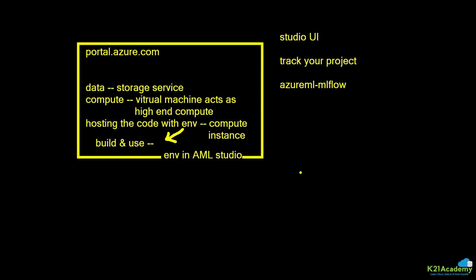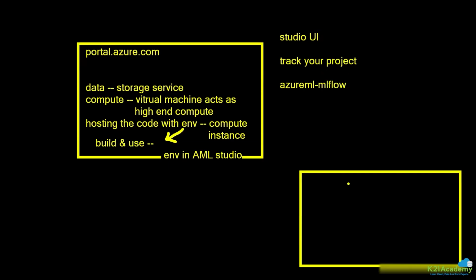Now consider another scenario, where the data is stored locally, or maybe in my personal data center, company data center. Understand what I'm saying? And compute is my local compute.